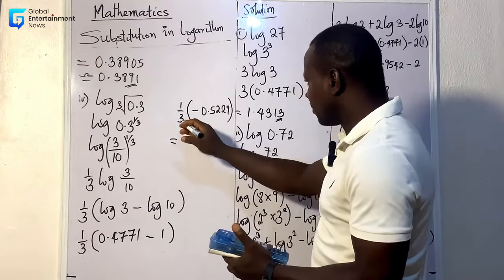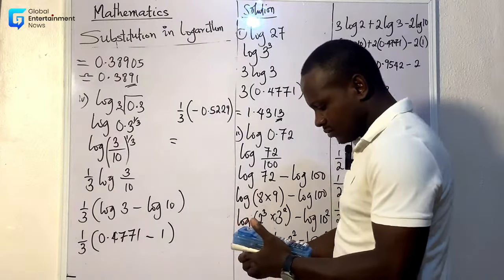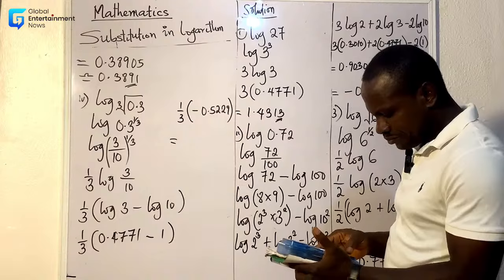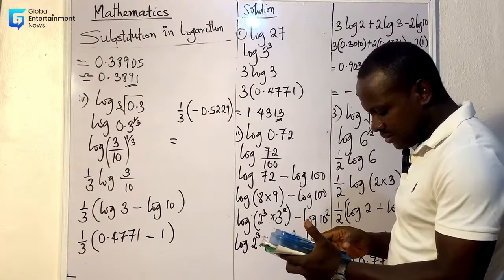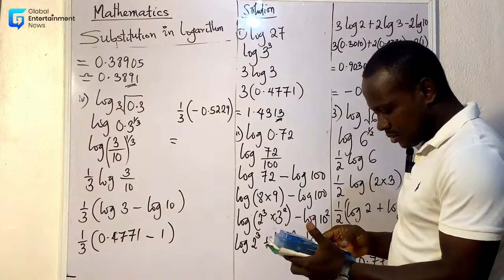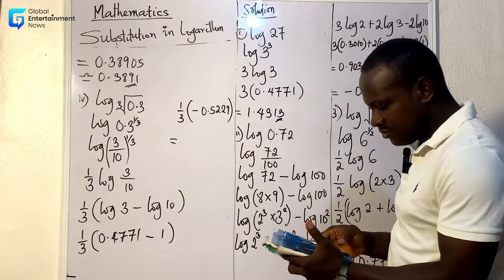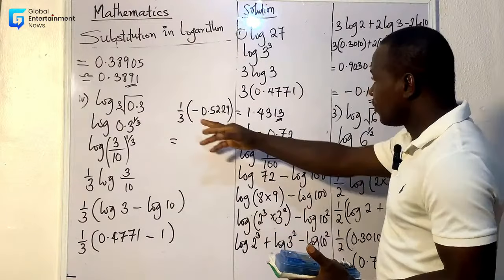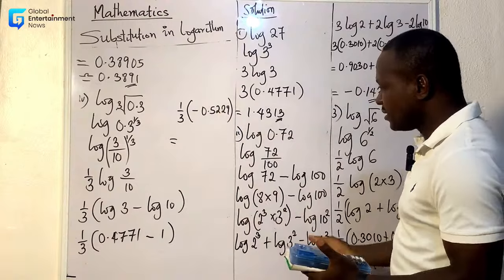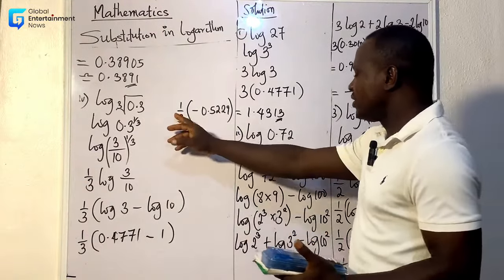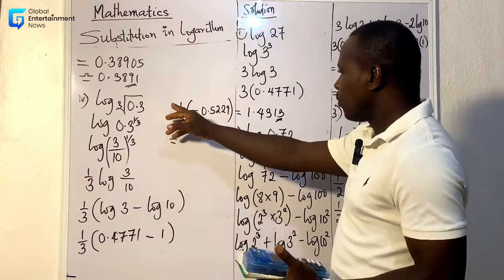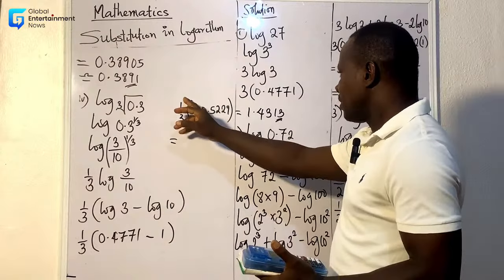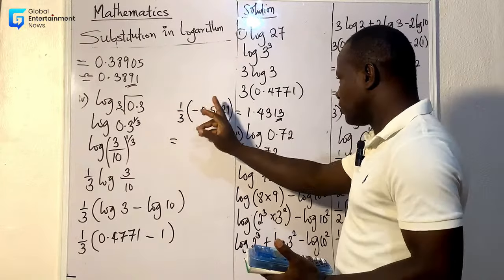So what do we do? We now multiply this by what is inside the bracket. And what is this one? This one is 0.3333, so 1/3, or you can just say 1 times this, it will give us the same thing.